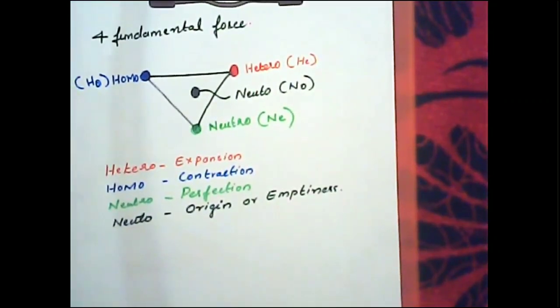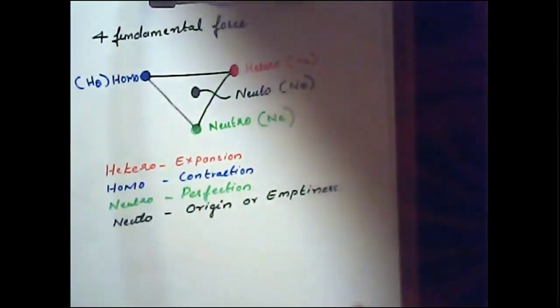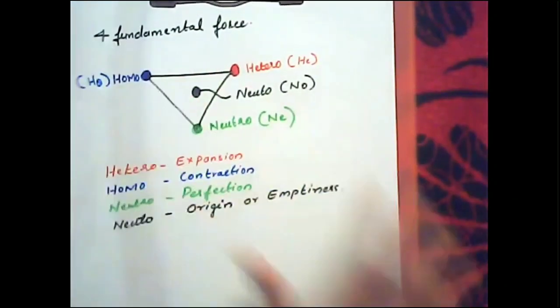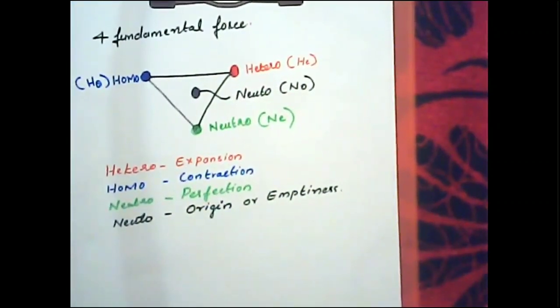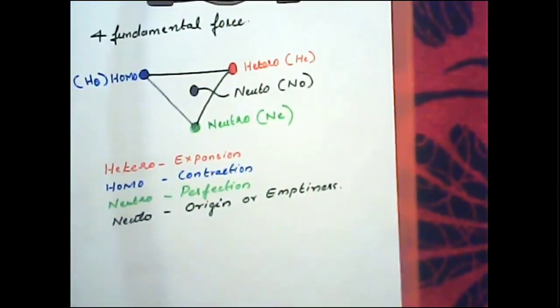The creator used his power, his force, for the creation. That means he created everything in this world by his force. Whatever we can see, living organisms or non-living things, everything he created from his power.